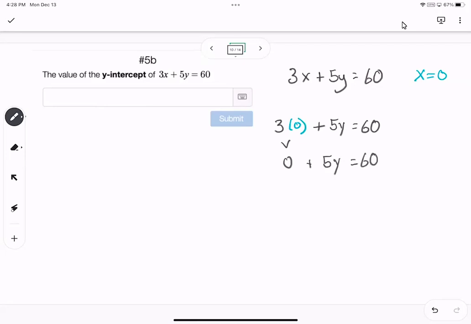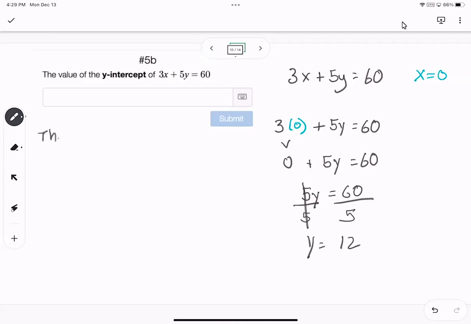Since this is 0, we don't have to write it again, so we can get rid of this. So 5y is equal to 60. Now to solve for y, we have to divide by 5 on both sides to get y by itself. y is equal to 60 divided by 5, which is 12.